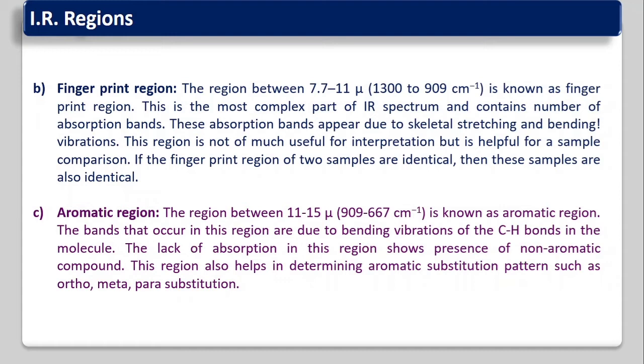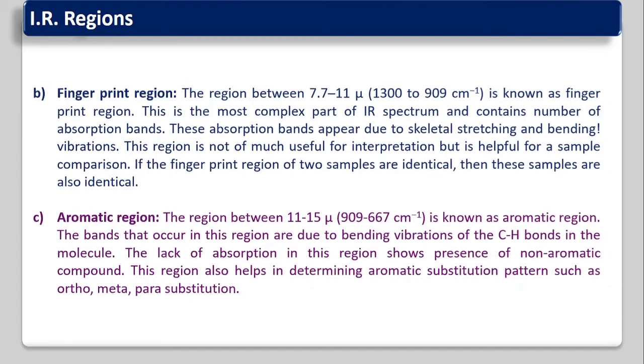Friends, for the interpretation of an IR spectrum, roughly we should know all these three regions: functional group region, fingerprint region, and aromatic region. So by seeing the spectrum, we can get a rough idea of which functional group might be present in our compound.